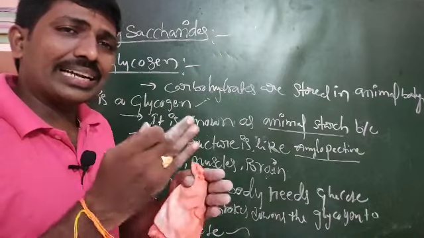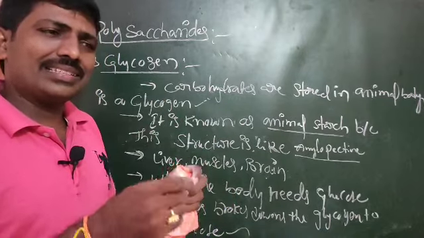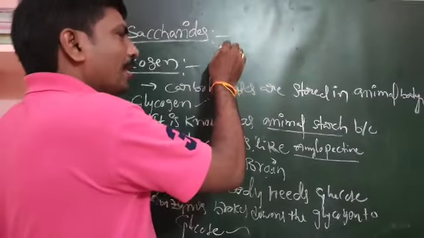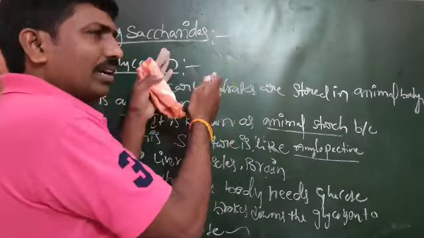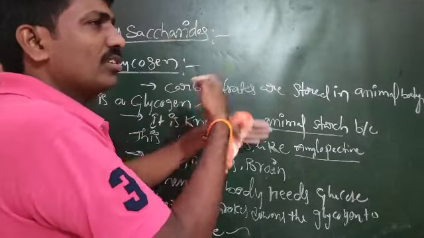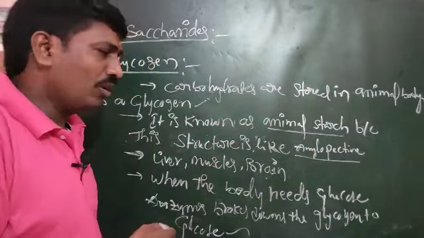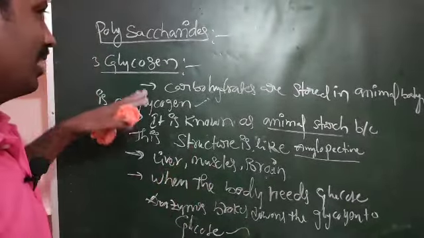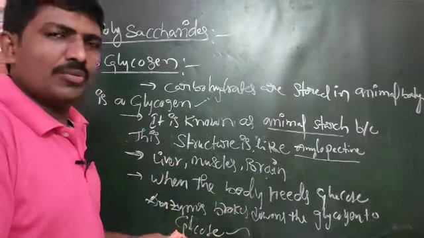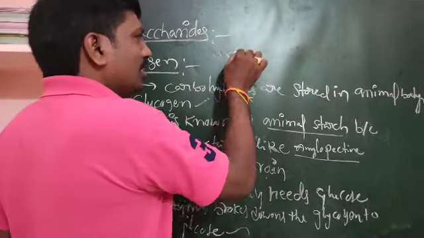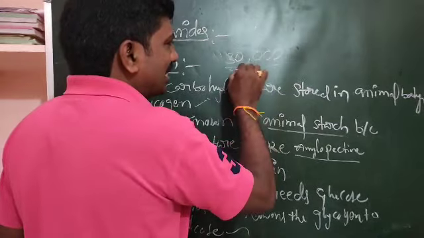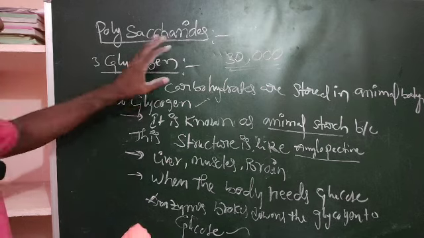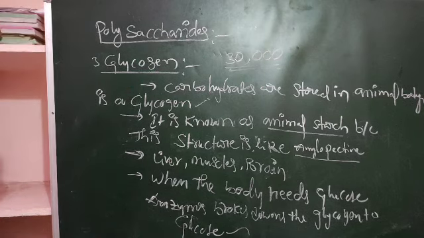The enzymes act like cutting, like hydrolysis. Just as maltose or other disaccharides are hydrolysed to give 2 monomers, the enzyme acts as a catalyst to cut the glycogen into glucose molecules. Up to 30,000 glucose units are present in glycogen. So one glycogen molecule contains 30,000 glucose units.